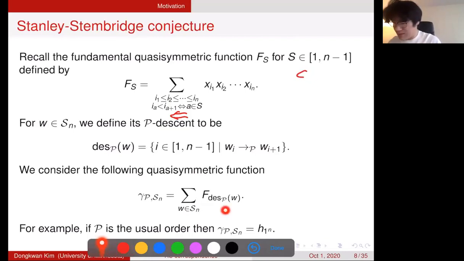And for each w, you have a set, which is a subset of 1 to n minus 1. So you can define the quasisymmetric function corresponding to it, and you take the sum. I would say that this is some kind of generating function for P and the set Sn. And if P is a usual order, then you can easily see that this is just the usual homogeneous symmetric function.